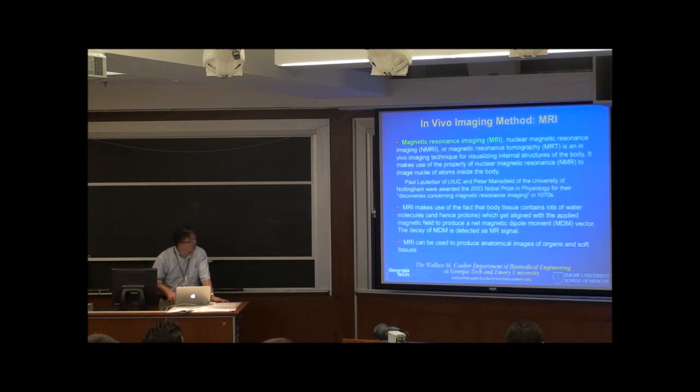So talking about MRI, MRI actually is essentially a part of nuclear medicine. It uses, as the name suggests, magnetic resonance as a way to visualize different organs of the body.